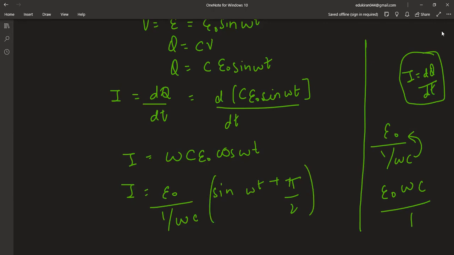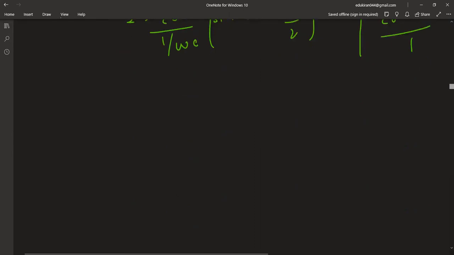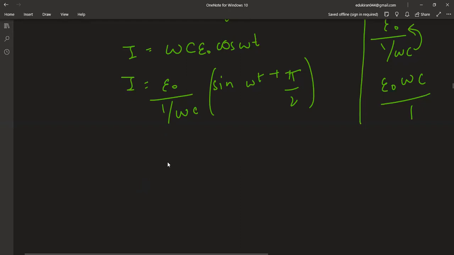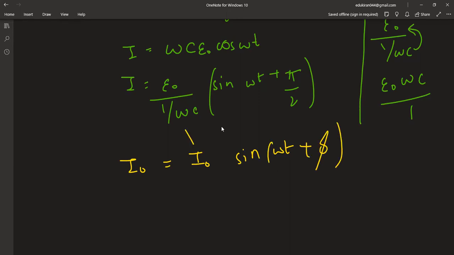Now class, the derivation part is over. Now comes the comparison part. I is equal to I naught sine omega t plus pi by 2. I naught is this, the phase difference is this, omega is this, the rest of the things are the same. So what can we conclude?